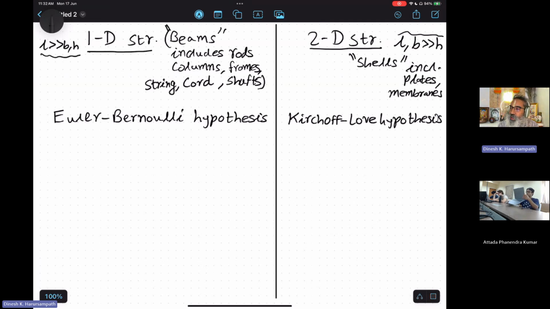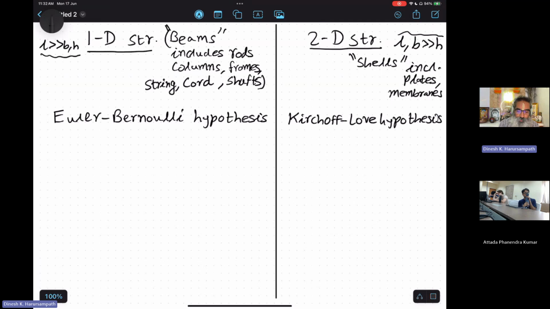So essentially, it's what we call the simple engineering beam theory, where you try to find out, let's say, the bending moment diagrams, the shear force diagrams, etc., and you related the bending moment to the other things like stresses and the displacements, etc. Right now, the same thing we are doing by using the Kirchhoff-Love hypothesis over here.